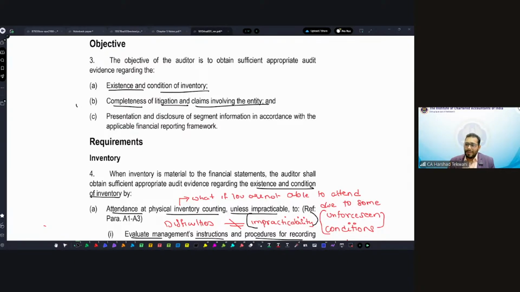Now the problem with specific information is they will provide you a specific response. If there is a litigation or claim which is not in the books, you will not come to know, and you will never send a letter for that. So you cannot verify the completeness. The only way is to send an open-ended letter: tell me what litigations are going on. Simple. If you send specific letters, that will not be relevant for the purpose of your audit.